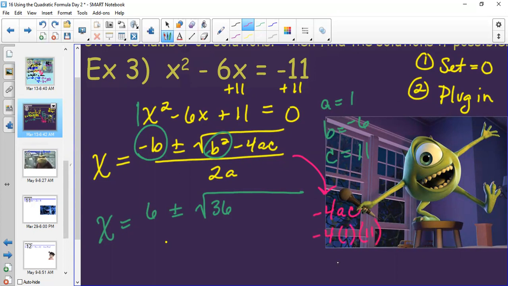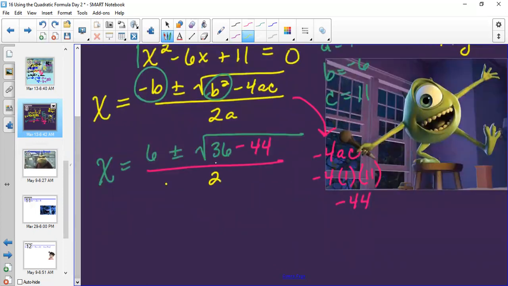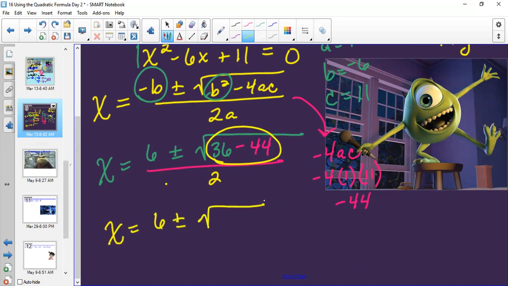That ends up becoming negative 44. And then all over 2a, so 2 times 1, which is 2. Okay, we always clean up underneath the radical there first. So 6 plus or minus the square root. That would give us a negative 8 over 2.